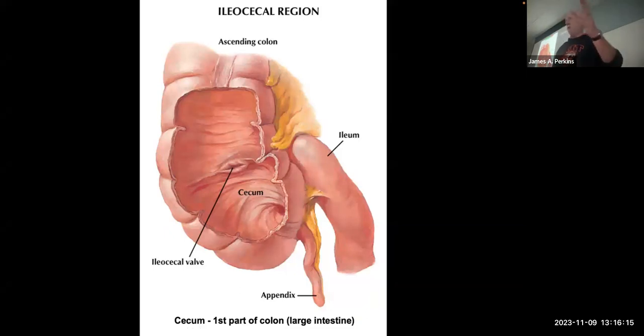I think it's only about 30 or 40% of people have what's called, forgetting the word now, drawing a blank. Anyway, 30 or 40% of the population has this type of appendix that hangs off the cecum.